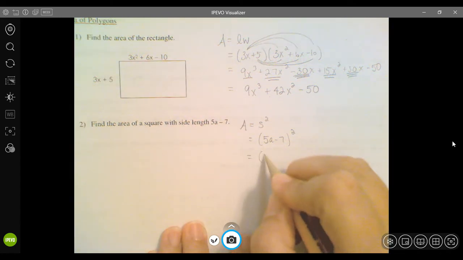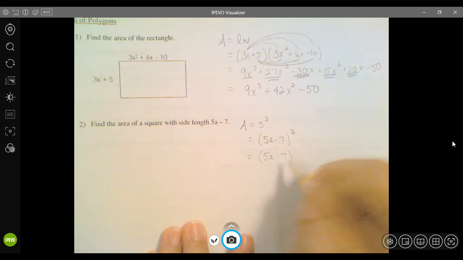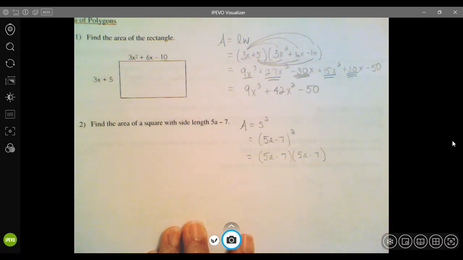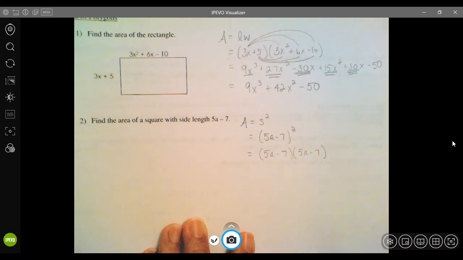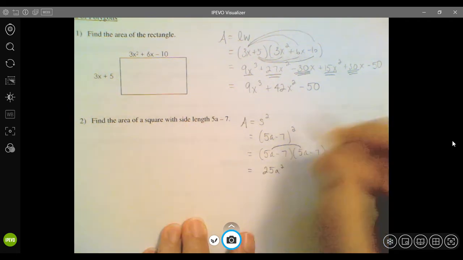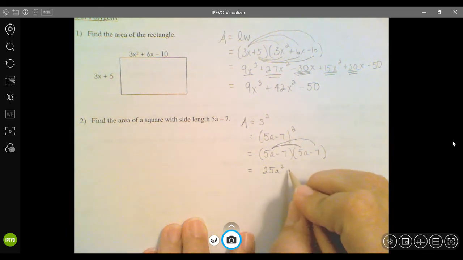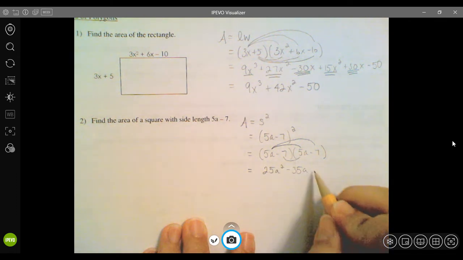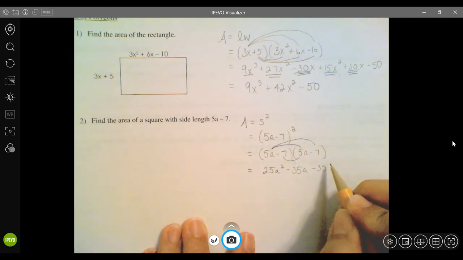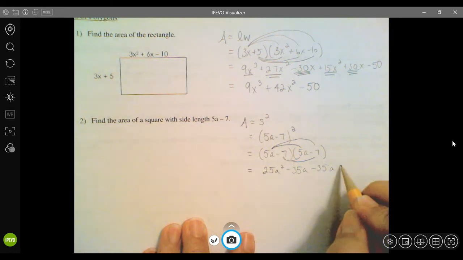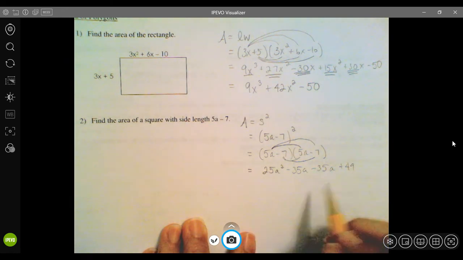So this is 5a minus 7 times 5a minus 7. And I've already got it set up for the FOIL method. First times first is 25a squared. Outside times outside is negative 35a. Inside times inside is negative 35a. And then last times last is a positive 49.